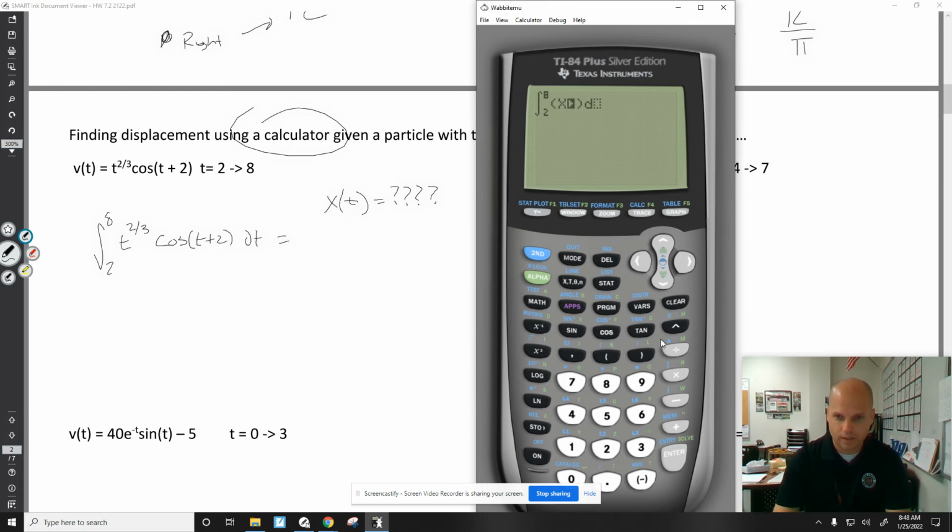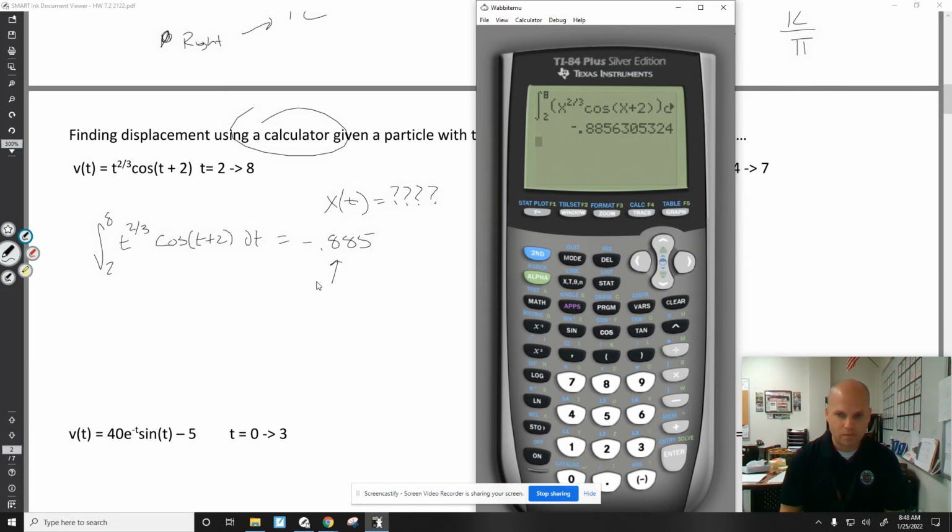I don't care if it's x's or t's, just use x's, make them represent t's. It's not going to take the antiderivative here, but your calculator will work hard. It'll take a while to get the answer. It'll do a bunch of arithmetic really, really quickly, and it'll provide a good approximation for this area, this accumulation. It did take a little bit of time: negative 0.885.